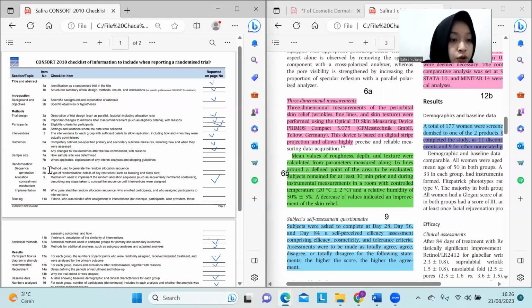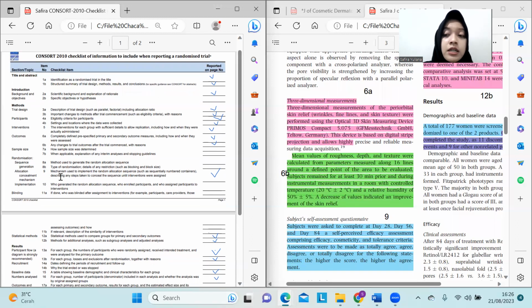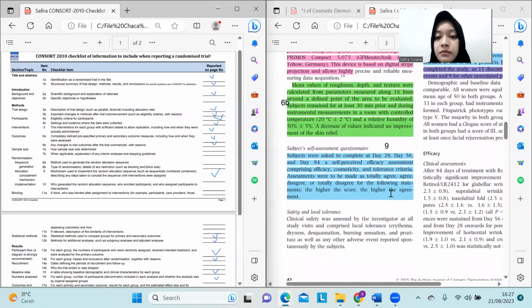And next we move to allocation. This allocation is about the mechanism used to implement the random allocation sequence, such as sequentially numbered containers, and describing any steps taken to conceal the sequence until interventions were assigned. And this is number 9.